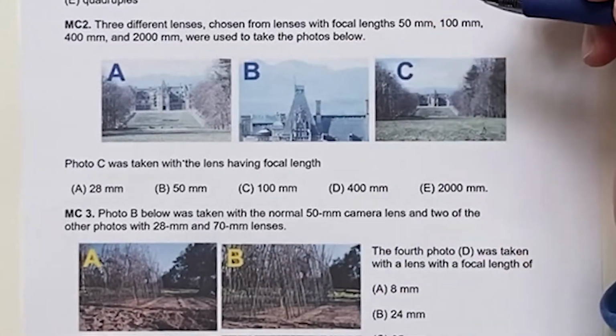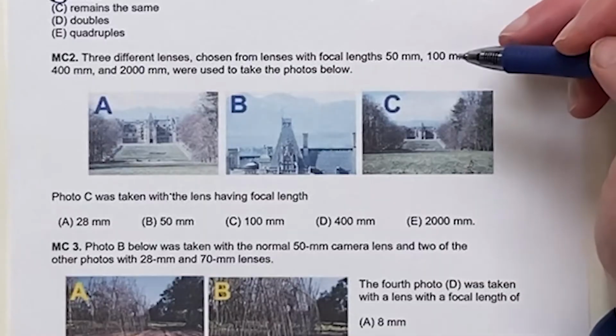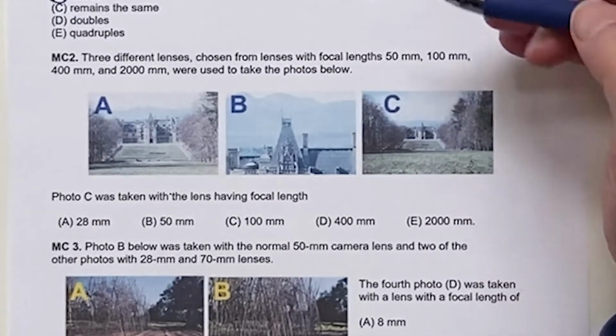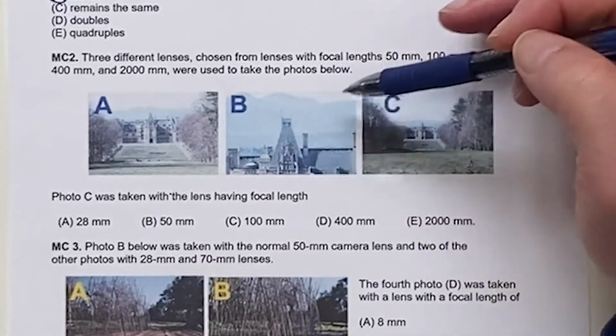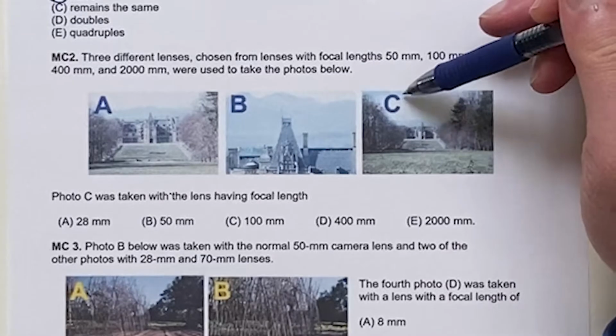This next one here, you have 3 different lenses, and you have 50, 100, 400, 2000 were used. Now, 3 of them are going to be used in there. It wants to know what C was taken with.